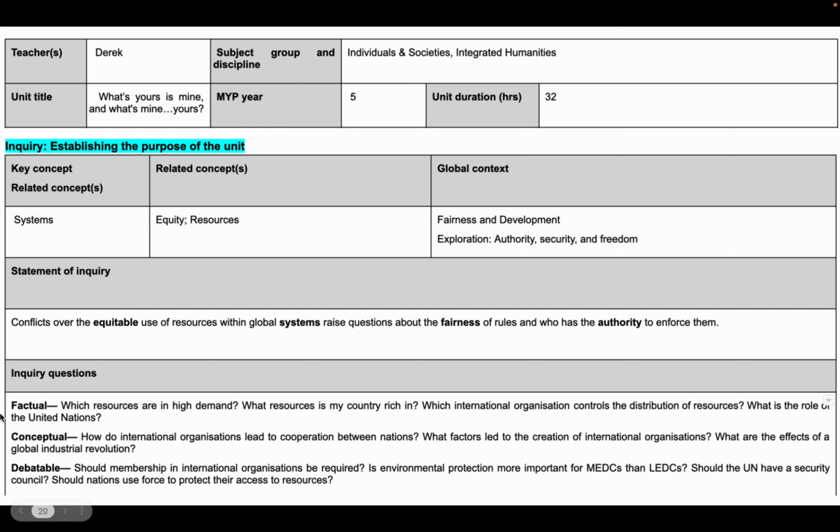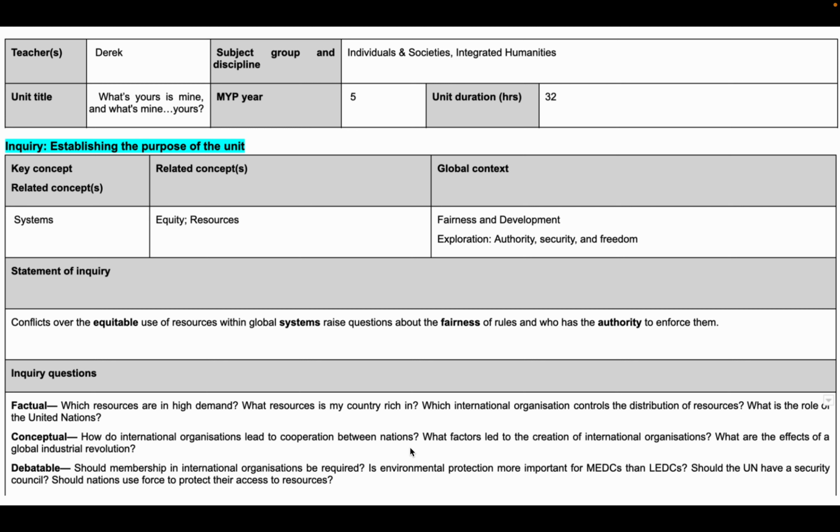Some of these inquiry questions: what resources are in high demand? Maybe the students will learn. I might provide them an article on rare metals or petroleum. How do international organizations lead to cooperation between states?